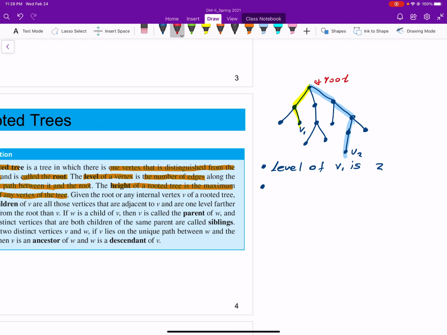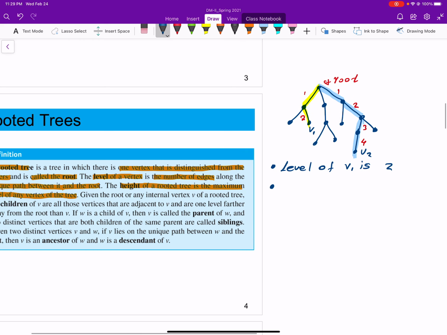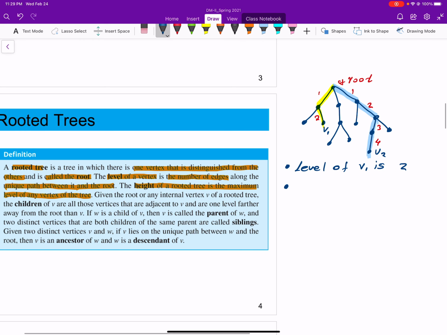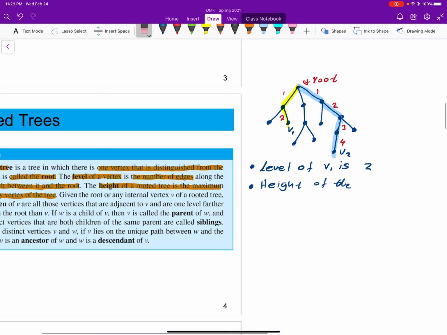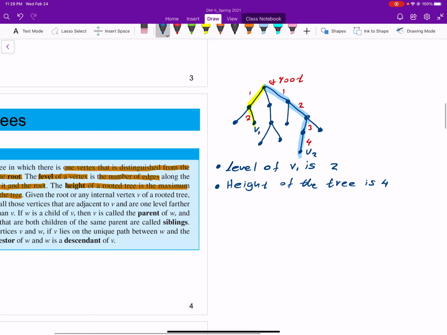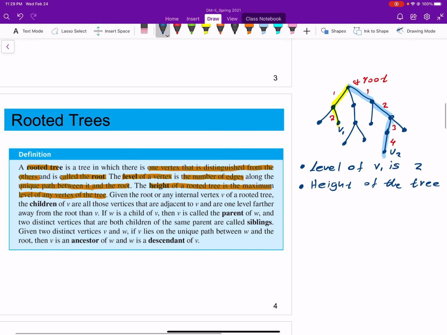So just count the length. Previously it was 1, 2. Now the length is 1, 2, 3, 4. Okay, that's the height. Height of the tree is 4.